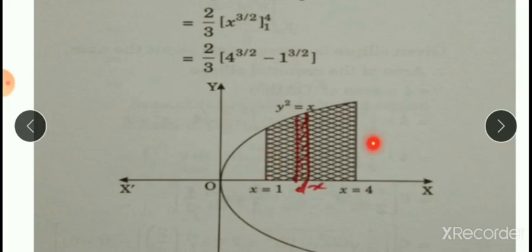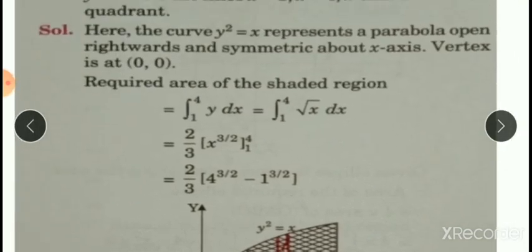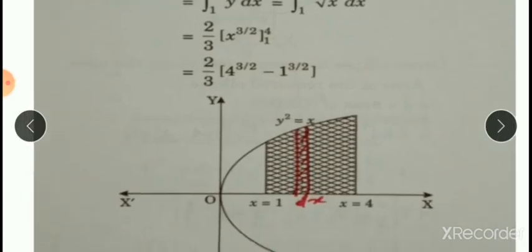This is line x = 4. Limits are given along x-axis. Therefore, we have to consider the strip on x-axis, of height y, its width is dx. Then we can calculate area. This is our required area in first quadrant.